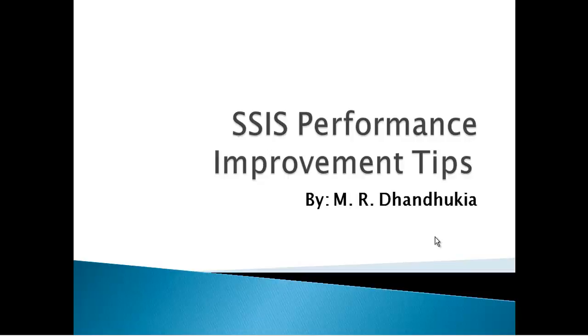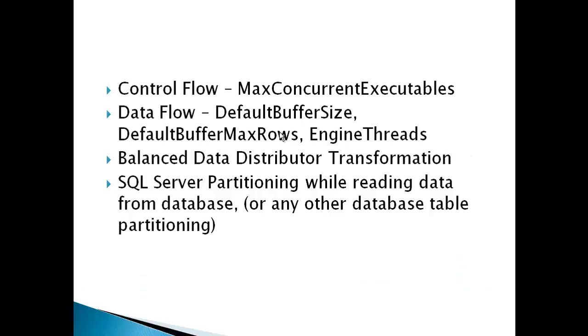Hello friends, in this video tutorial, let us see some of the SSIS performance improvement tips. In data flow, we can go to properties and we can set default buffer size or default buffer max rows.